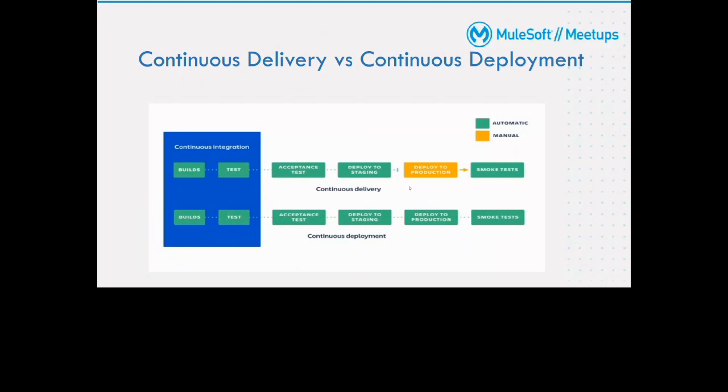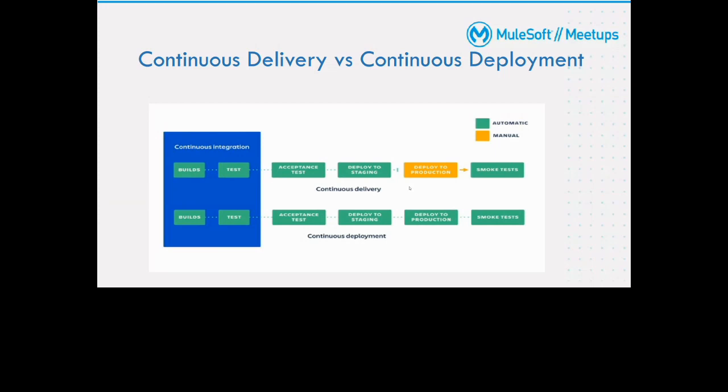If you look at the diagram on the screen, we have continuous integration, which includes build and test, and then continuous delivery and continuous deployment. With continuous delivery, we do the acceptance test and the deployment to staging, but deployment to production requires a manual intervention. We are not automatically deploying to the production environment. Instead, we wait for a manual intervention to deploy it to production. If this is the case, then we call it continuous delivery.